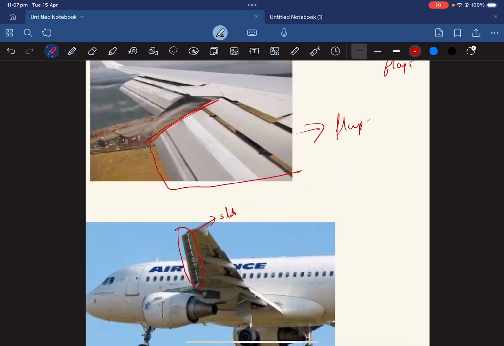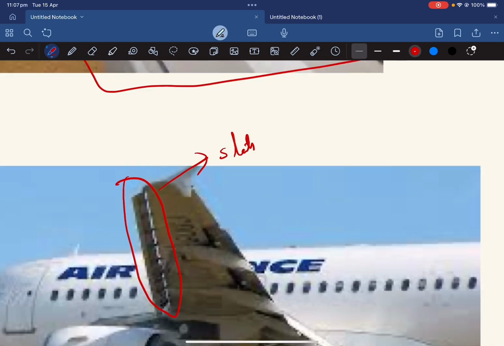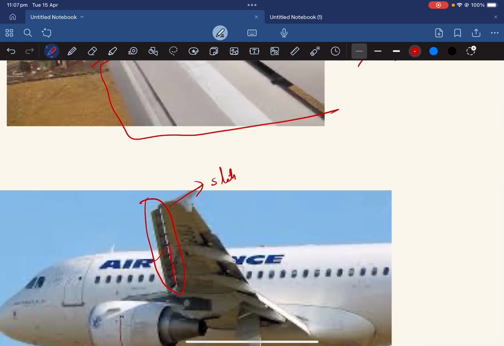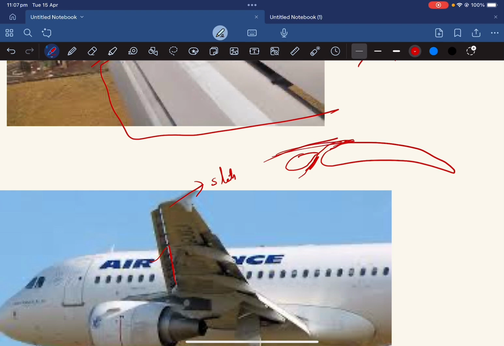So I'll explain how slats actually work. You see there's some space over here, so some air passes through here. Let's say I've cut the wing from here and you're going to see it from the side. This is the aerofoil shape, and this is somewhat how you have your slat. There's some space over here. Air travels from here, and this is the normal airflow anyway.